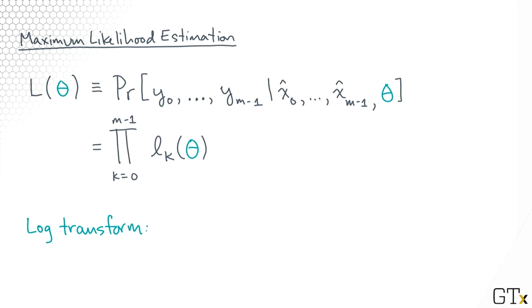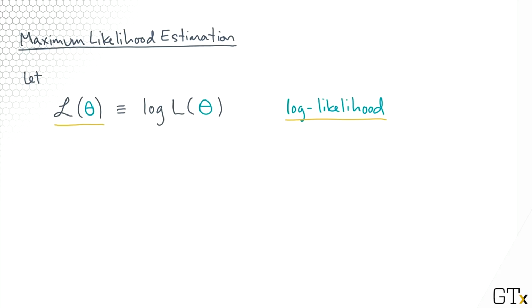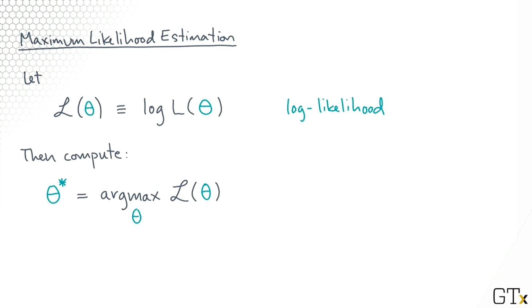Now here's another useful property of logs for this problem. The log of a times b is the sum of log of a and log of b. So what does all this mean? Instead of maximizing the likelihood, we'll get the same answer if we instead maximize the log of the likelihood. So let script L of theta be the log of the likelihood, L of theta. Then we want to maximize this log likelihood.